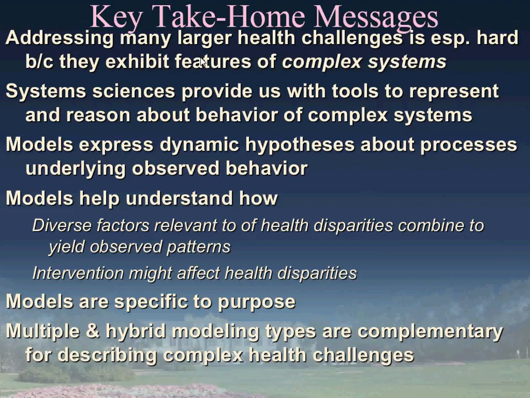That little unassuming thing we saw this morning, susceptible, infected, recovered, was capturing, collectively, who was a neighboring person and the contacts between them, etc. That was a dynamic hypothesis. It reflected, if we assume this, okay, what's the consequence? And these models help us understand how diverse factors related to health and health disparities combine to yield observed patterns.